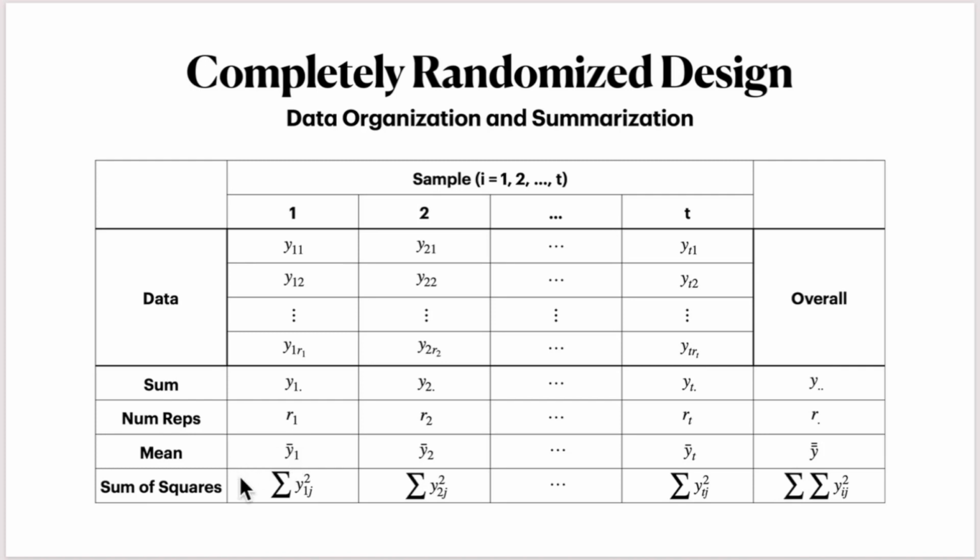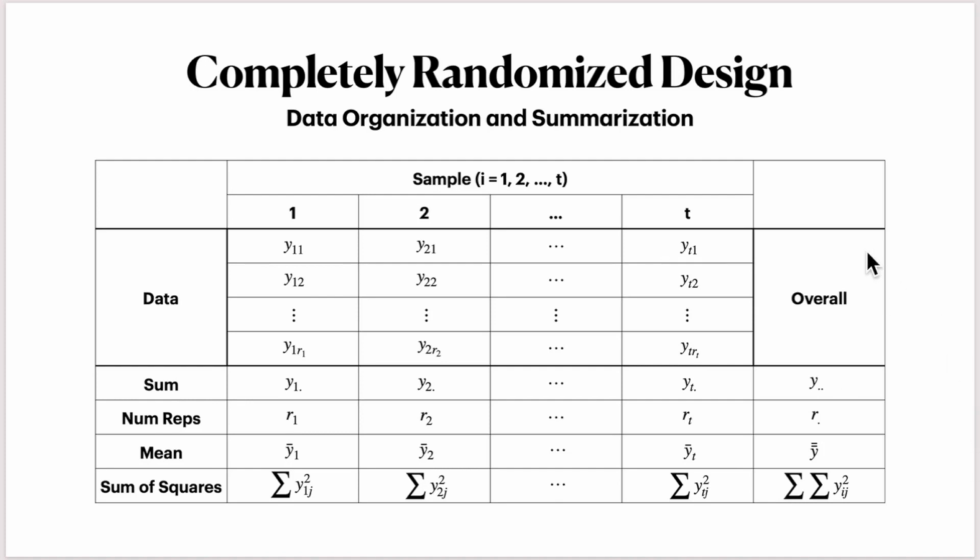We'll put that uncorrected sum of squares down here. So this would be y11 squared plus y12 squared plus, and so forth, down to plus y1r1 squared. For sample 2, we have the same kinds of quantities, and we continue on and calculate those summary statistics for each of the samples.